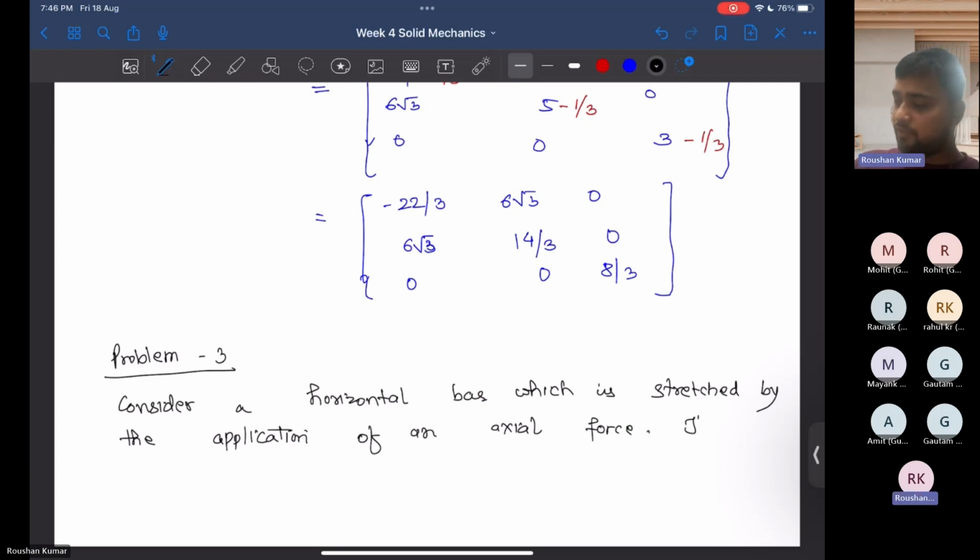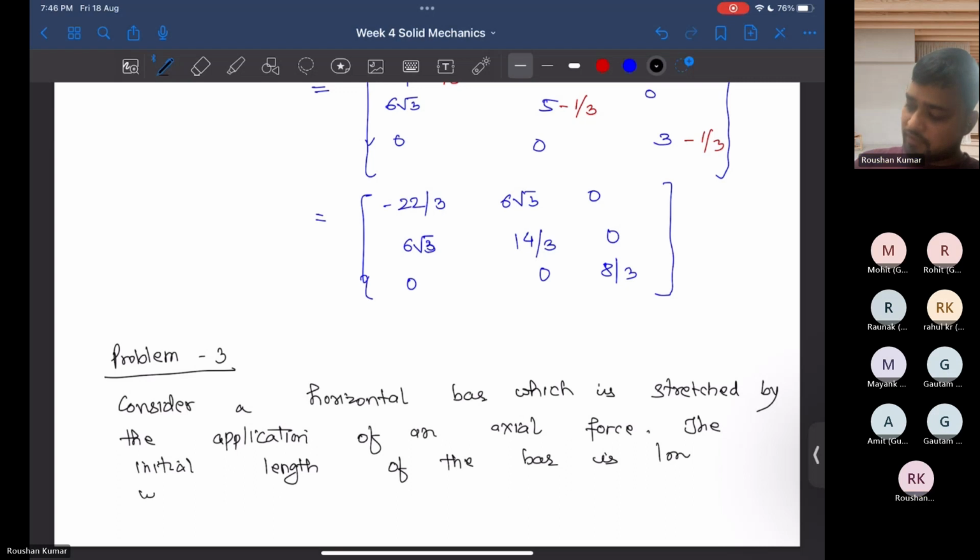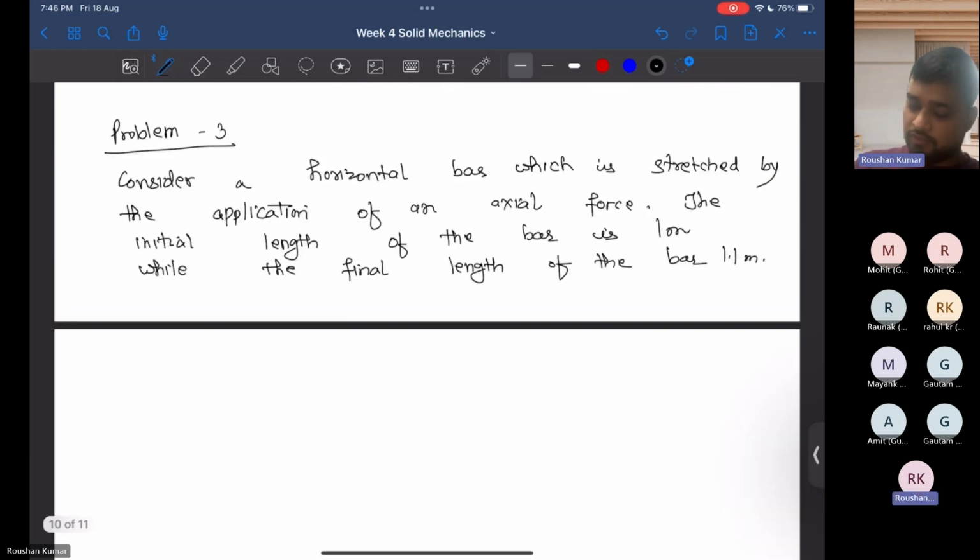The initial length of the bar is 1 meter, while the final length of the bar is 1.1 meter. Which of the following statements are true?